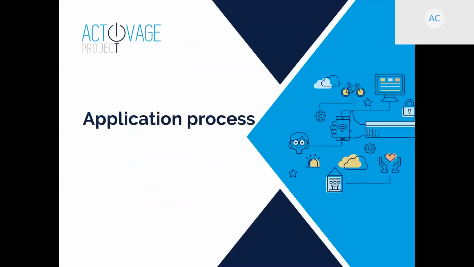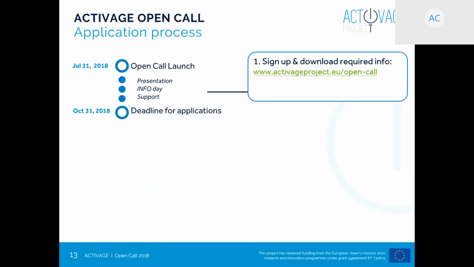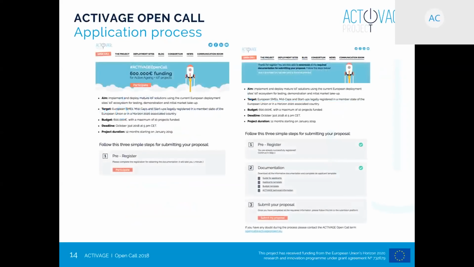What is the application process? Basically, first of all, you have to register in our webpage and download all the required information. Here you can see our webpage, and the information that you can download is basically 4 different documents.